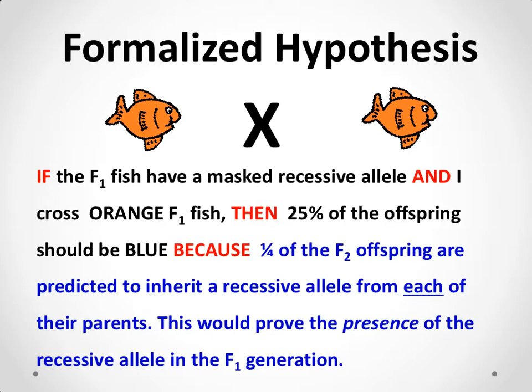If the F1 fish have a masked recessive allele, my hypothesis, and I cross orange F1 fish, my test, then 25% of the offspring should be blue, my prediction, because 1/4 of the F2 offspring are predicted to inherit a recessive allele from each of their parents. This would prove the presence of the recessive allele in the F1 generation. My explanation. Did your hypothesis have all the required components?